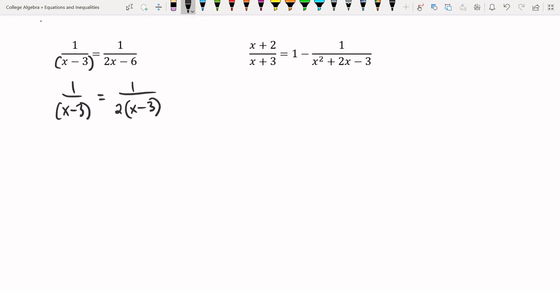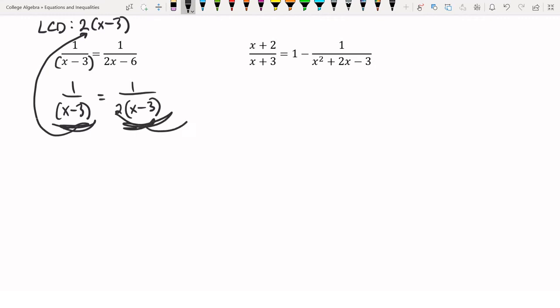And now the least common denominator here is going to be 2 times x minus 3. That's because x minus 3 can divide evenly into this. 2 times x minus 3 divided by x minus 3 is just 2. And 2 times x minus 3 can of course divide evenly into that because it's the same thing. You'll get just 1.